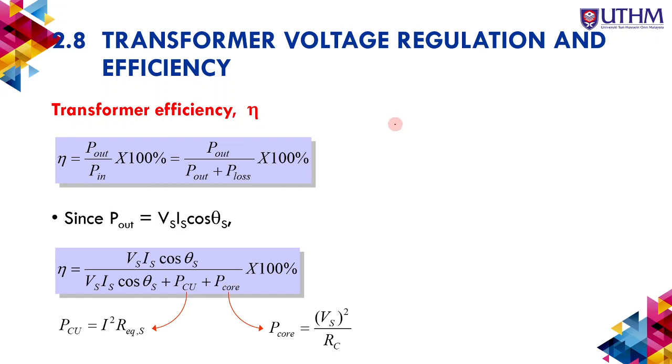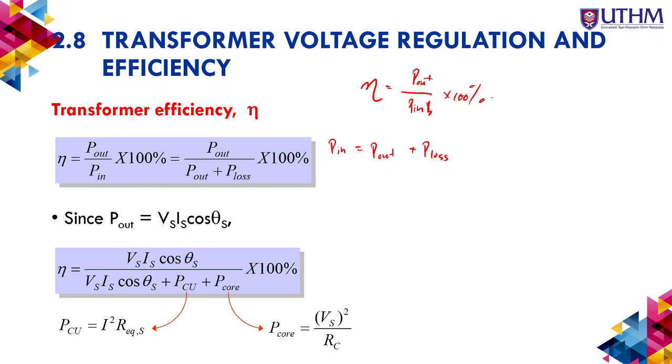Okay, so now to measure the efficiency, the efficiency is one of the easiest equations. You can write eta equal to P out over P in, times 100. Actually that's it. You can just directly put it like this, or we know that P in is equal to P out plus any losses.